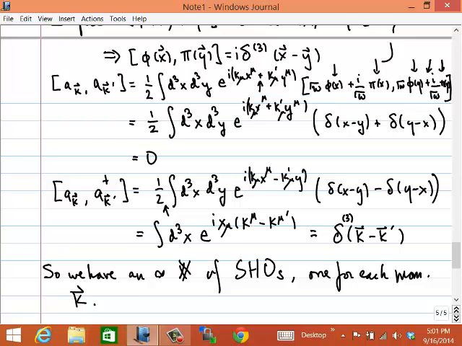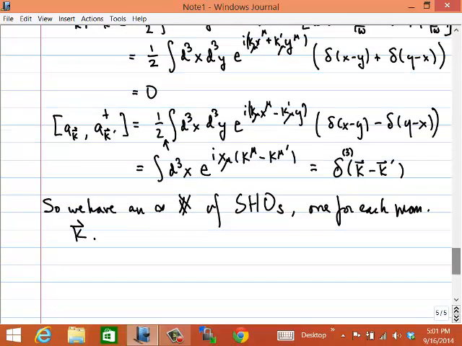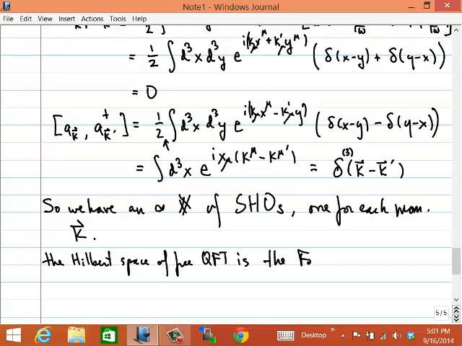Good. Okay. So what does this mean? This means that the Hilbert space of a free quantum field theory is indeed the Fock space that we constructed last week, where you start with the vacuum state, which is the state with no particles in it.